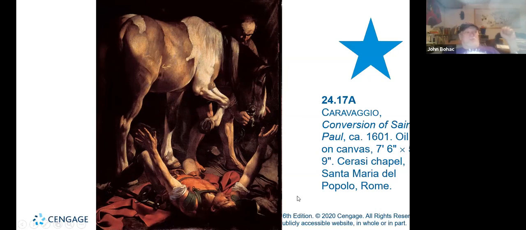Actually, the apostles were kind of a group of various sort of people, fishermen, tax collectors, soldiers, etc. A physician, St. Luke. Anyway, he was struck from his horse, but look at this dark background.